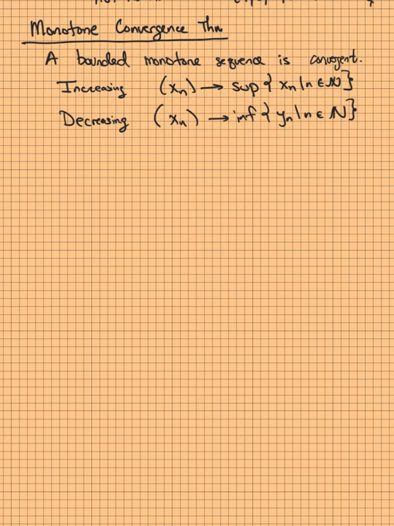Let me first draw a picture for what this should look like. So we have the real line. We have our sequence. I'll do the increasing case. It's exactly the same proof for the decreasing case. So we have a sequence which is monotone and increasing, and we also know it's bounded.